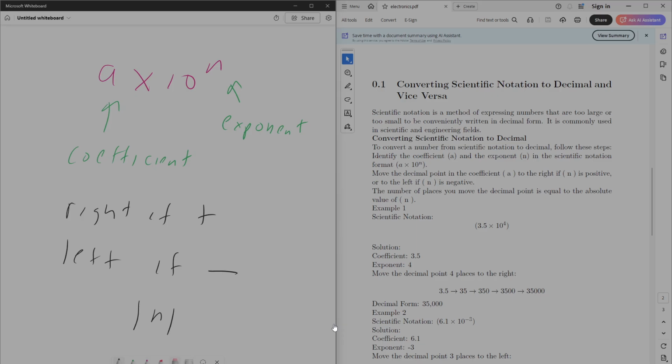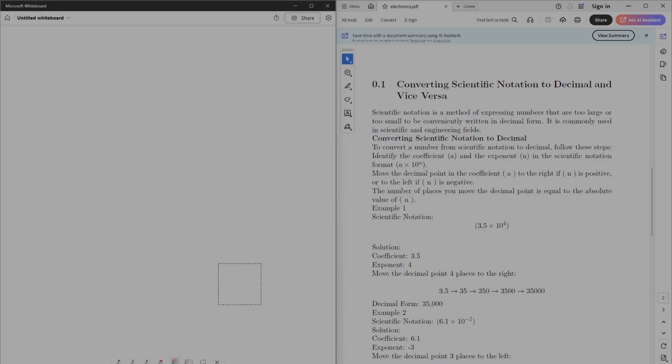So let's start with some examples. Example number 1 says 3.5 times 10 to the 4. As you can see, the coefficient is 3.5.